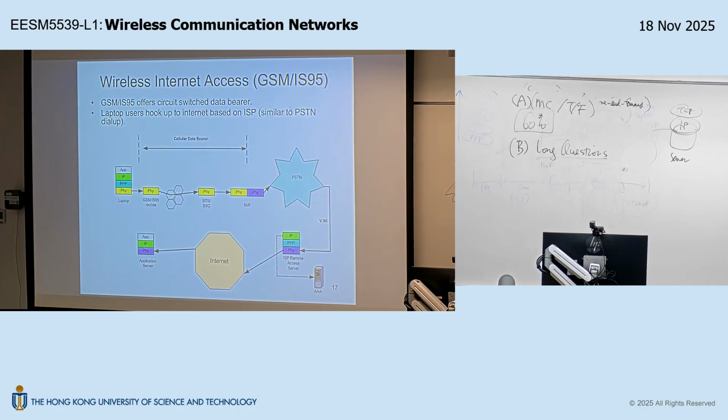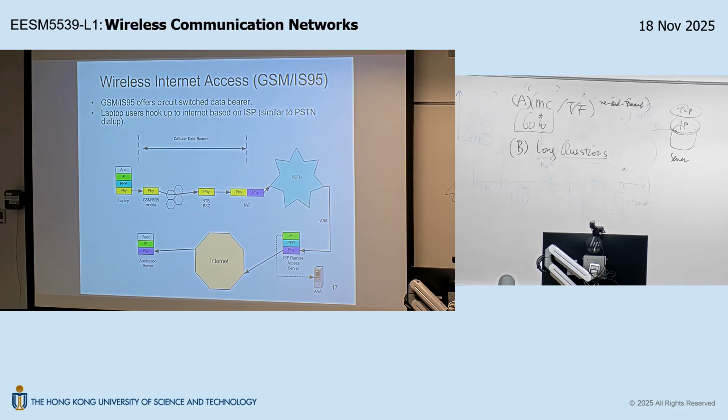The second segment is GSM between the mobile and the interworking function. The third segment is V.90, layer 1 between the interworking function and the internet service provider. So the entire layer 1 is partitioned into 3 segments.